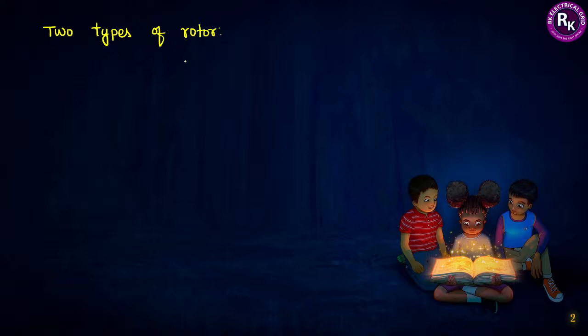What are those? One is the cylindrical rotor, and the second one is the salient pole rotor. So we have two types of rotor structure: one is cylindrical, another one is salient pole.